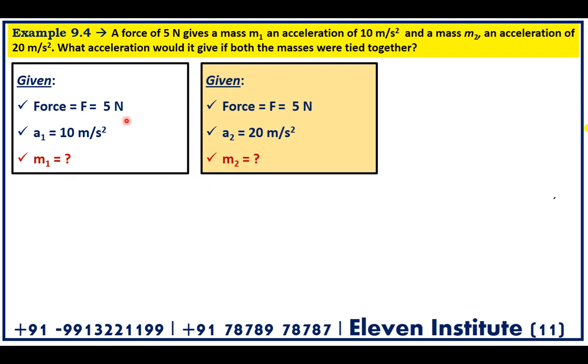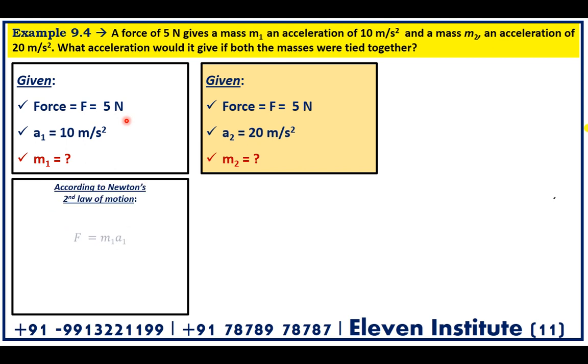We have the formula of force, F is equal to m into a. Right? Simply, instead of F I will write 5. Instead of m1 I will write m1 because I don't know its value. Instead of a1 I shall write 10.